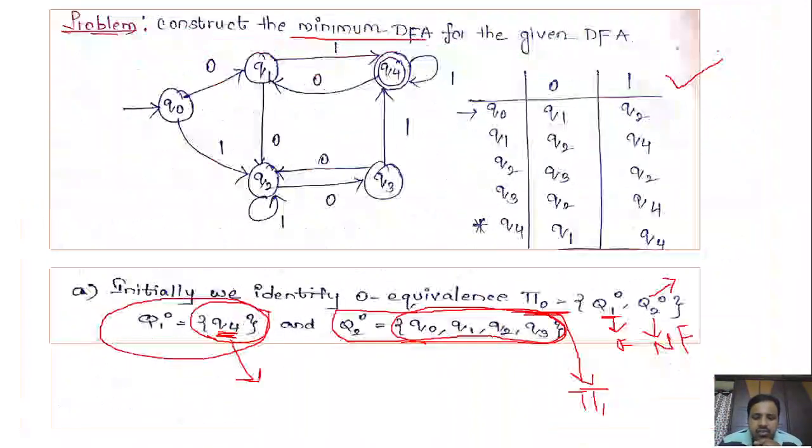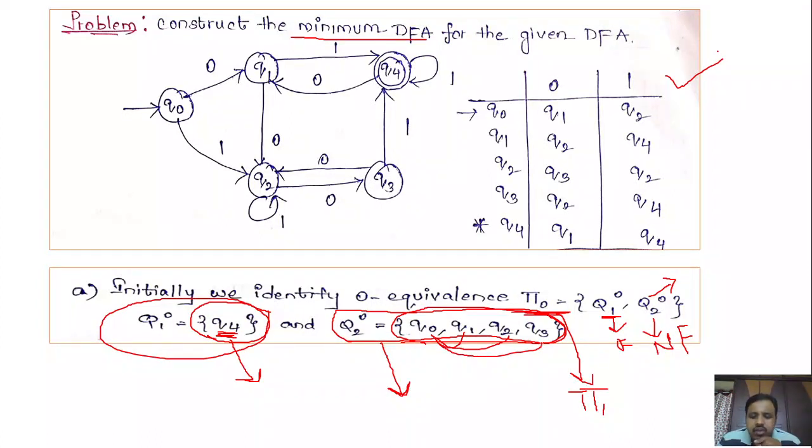Next we consider this set. In this set, you have to check the states for the property of distinguishable or indistinguishable. That means you compare the states for whether they are distinguishable or not. So compare q0 q1, compare q0 q2, compare q0 q3, likewise.